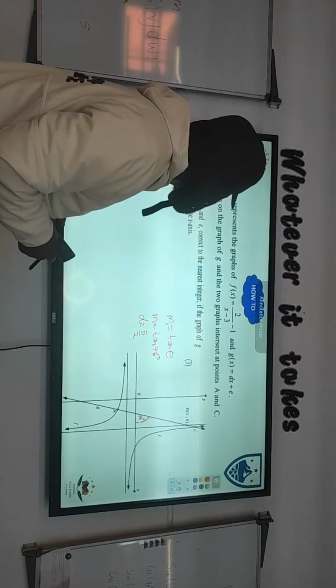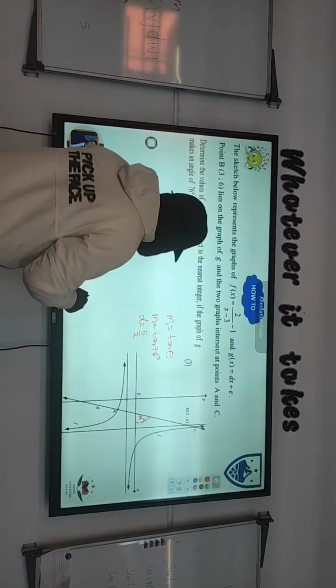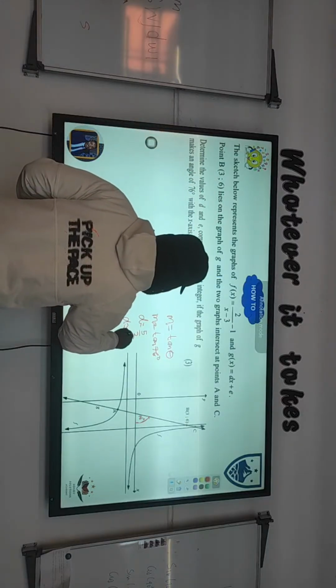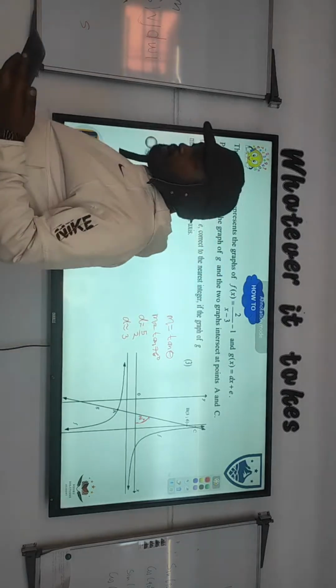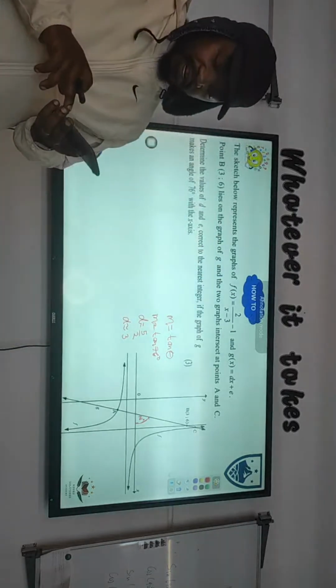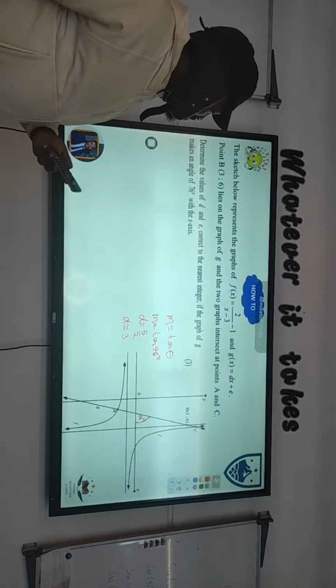They're saying to the nearest integer, so it means that D is approximately 3, because 2,5 is very close to 3. In actual sense, our answer was 2,53, so yeah, it's close to 3.